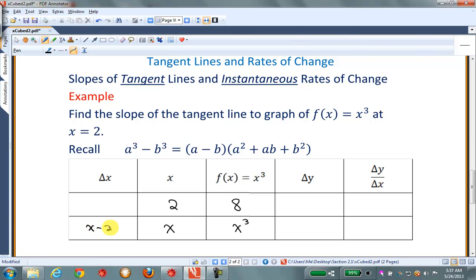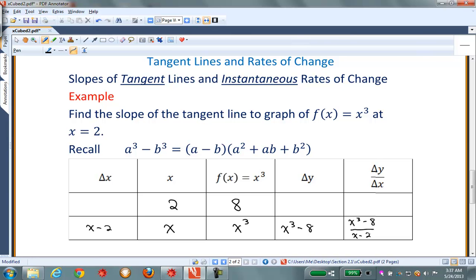It started at 2, ended at x. The change in y would have been from 8 to x cubed, minus 8. And so the average rate of change in y with respect to x would have been the change in y, x cubed minus 8, divided by the change in x, x minus 2.